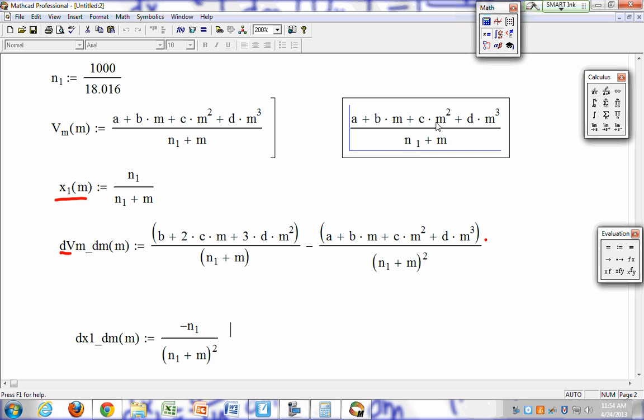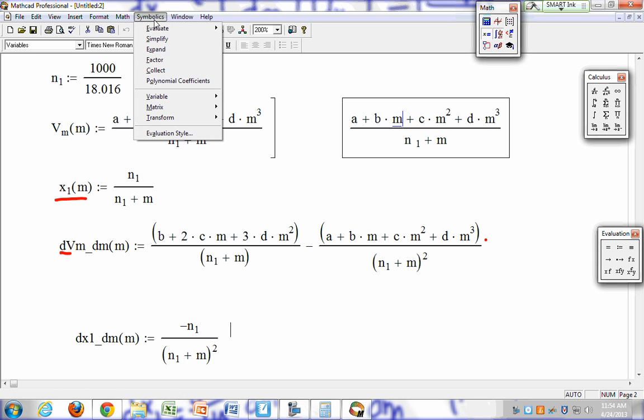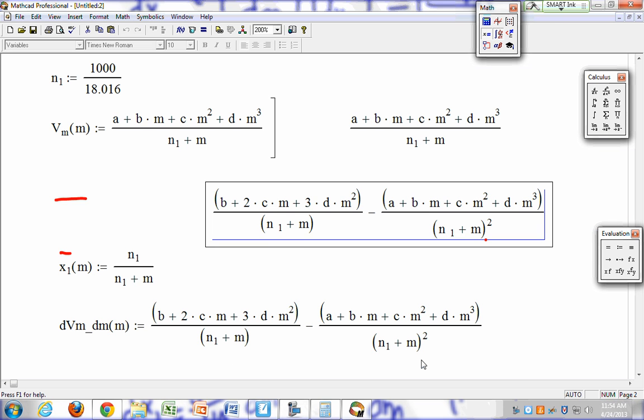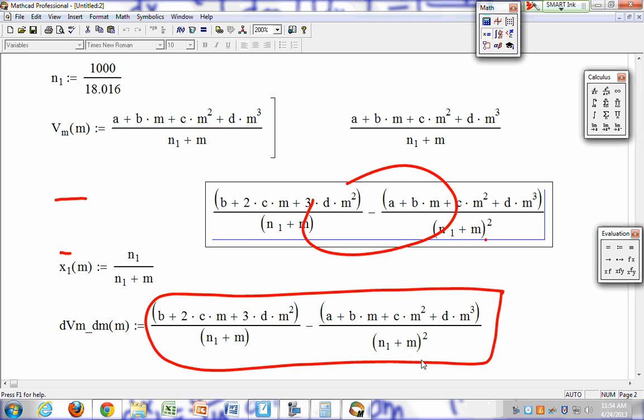Then click on the variable you want to differentiate with respect to, go to Symbolics, Variable, Differentiate. This expression right here is the one we have down here.